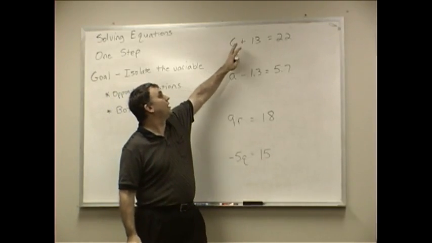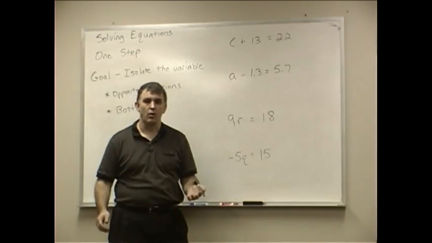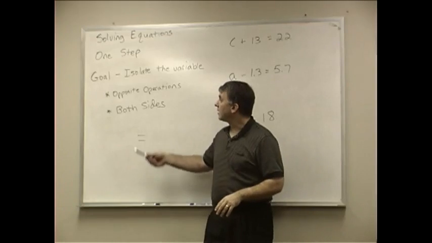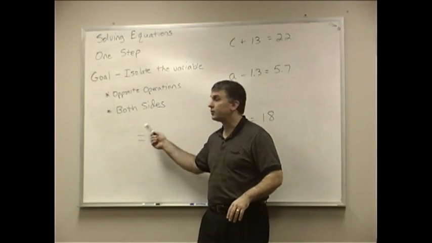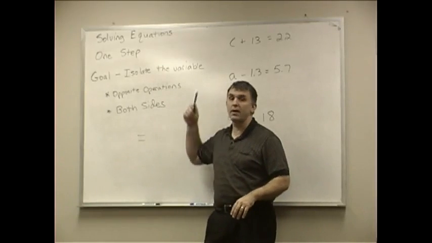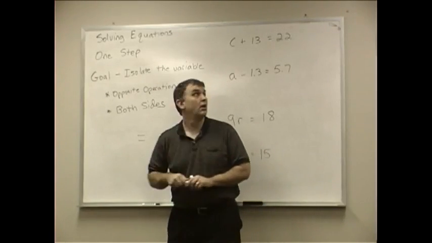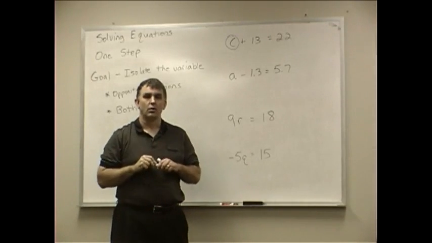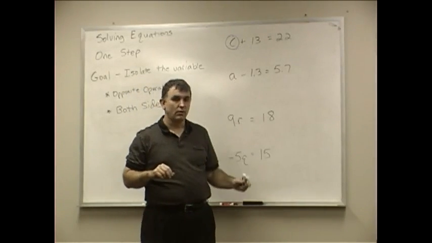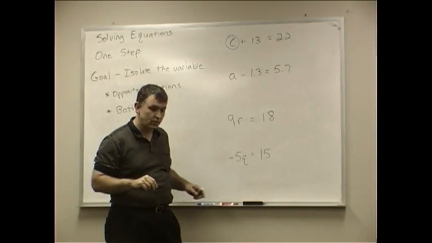All right, so we have c plus 13 equals 22. Algebraically, you've got to use an opposite operation on both sides to get the variable by itself. The variable is c. What's the opposite of adding 13?